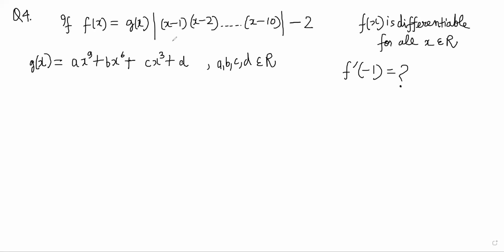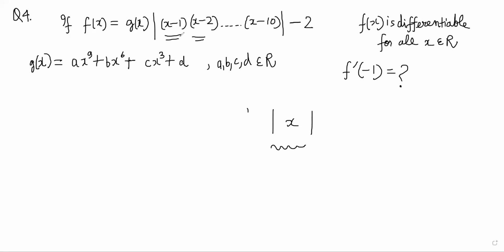So you have to think about how this function will be differentiable. Whenever there is a modulus, there is a point of non-differentiability. At 1, for example, the sign of the function changes, so the limits will change.